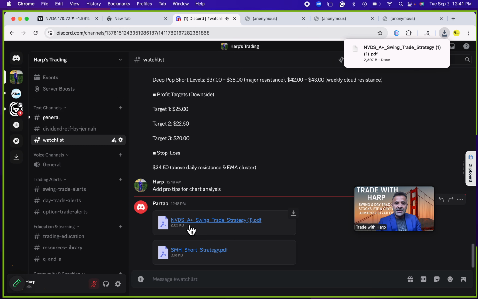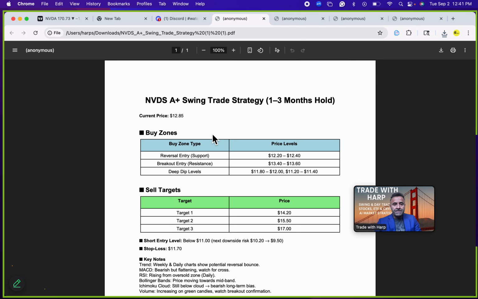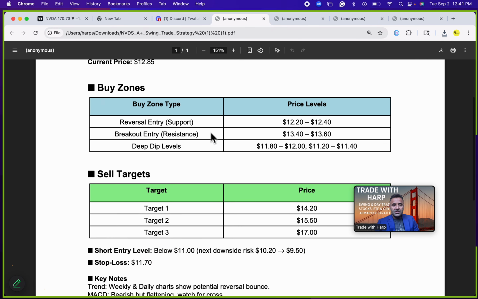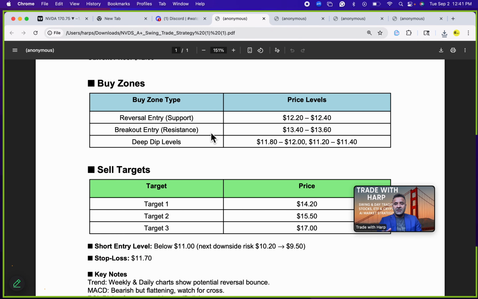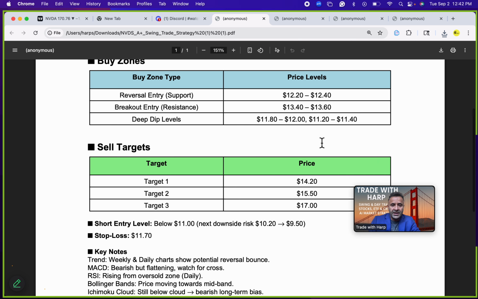NVDS is a bearish ETF for Nvidia, and I can play the same thing, but spend less money. My reversal entry is 12.20 to 12.40, and breakout entry 13.40. Then there will be a dip level over here, and these are my targets.